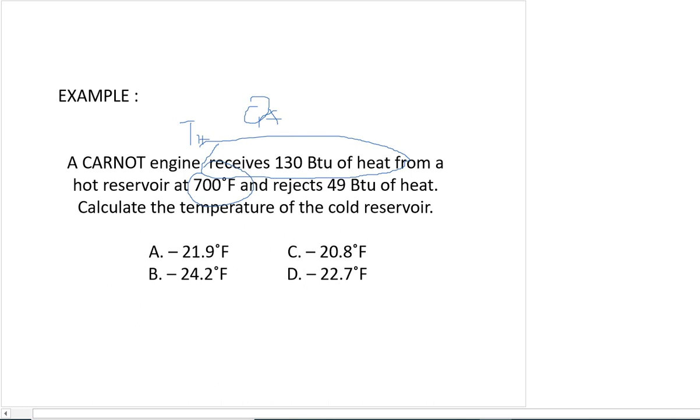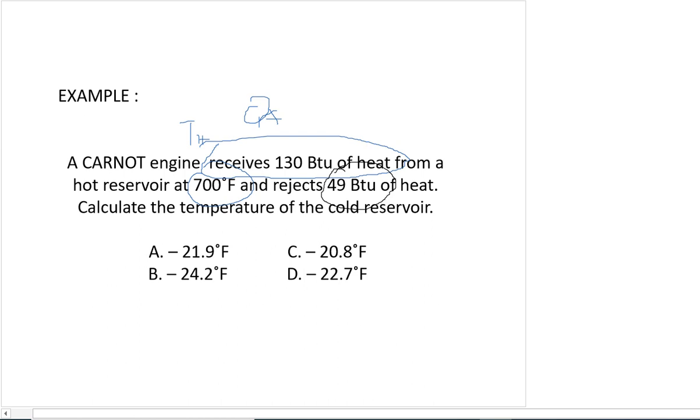And reject, yun, rejected, di ba? Sa baba, rejected 49 BTU. Dito pa lang alam mo na may magagawa kang work sa cycle na ito. Bakit? Yung pinasok mo 130, yung ni-reject mo 49 lang, di ba? So mathematically, do your math in your mind, makaka-create ka ng net dito, network.